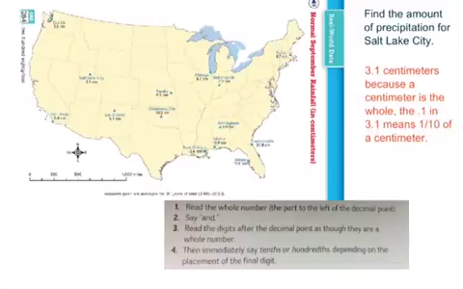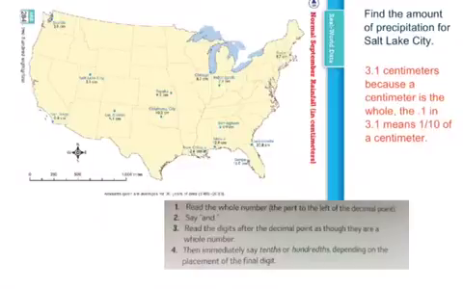Okay, then we're going to talk a little bit about precipitation, another way for us to practice our understanding of centimeters and millimeters. So I'm giving you the student reference book, the SRB page. I made a picture of that for you here so you can see it. And the first thing I want you to think about is finding the amount of precipitation for Salt Lake City.